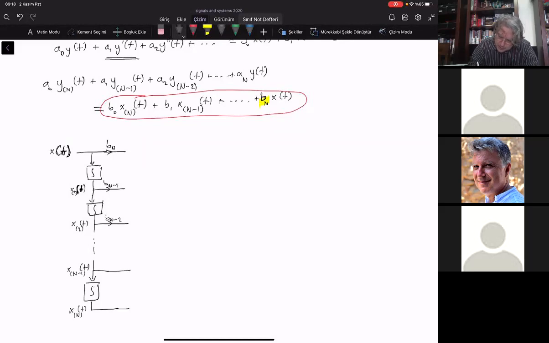And the coefficients that scale these last signals would be, this one would be b0, this one would be b1. And then I will just accumulate, add them up. Like this.